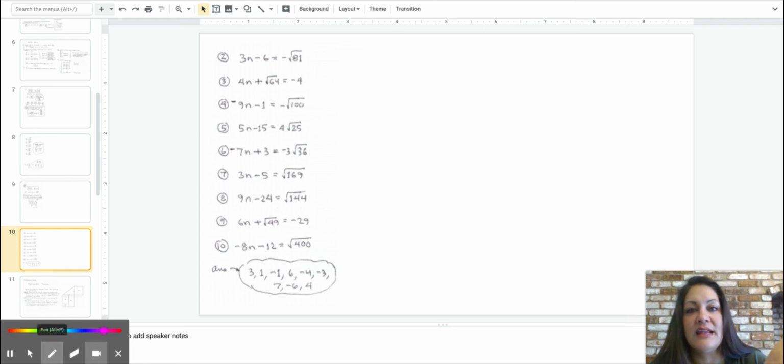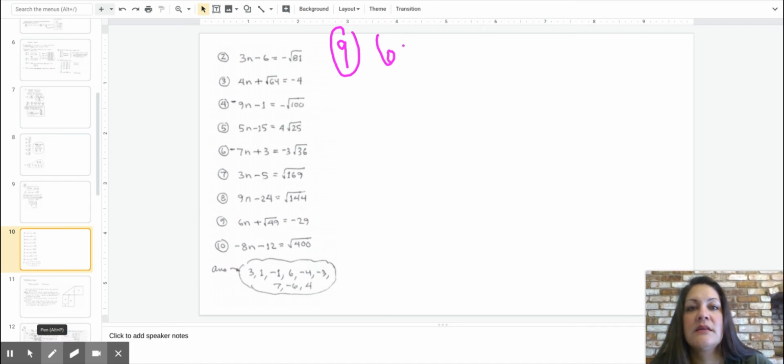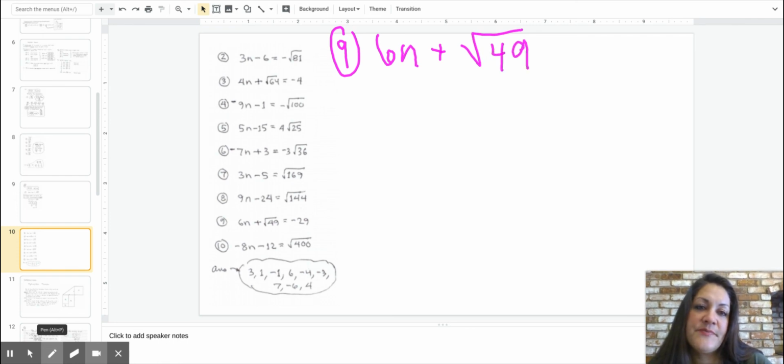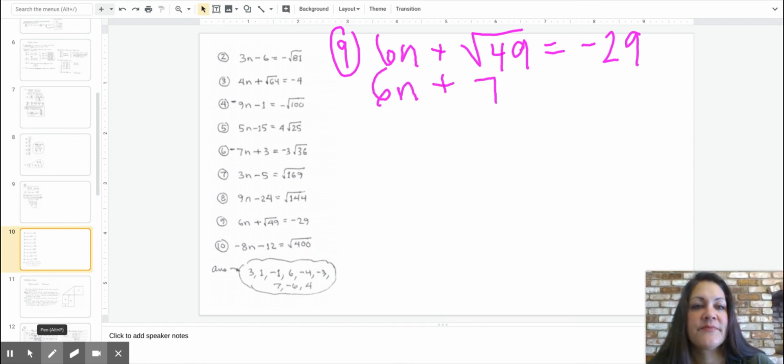Number 9. 6n plus square root of 49 equals negative 29. Square root of 49 is 7. Add negative 7 to each side.